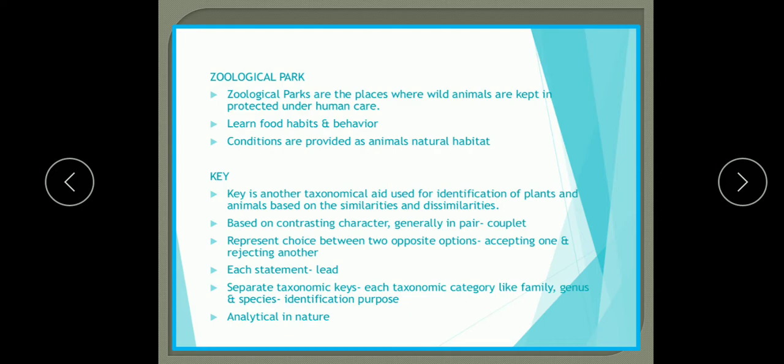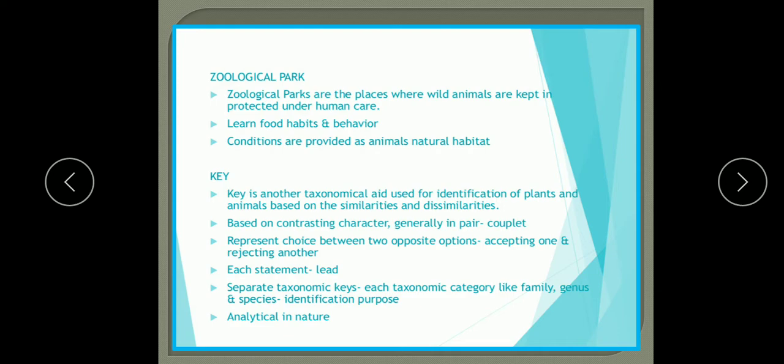So, understood children, these taxonomic tools which we have studied: biological museum, herbarium, botanical garden, and zoological park. Now next we will study the taxonomic keys, or the key. So what is the key?